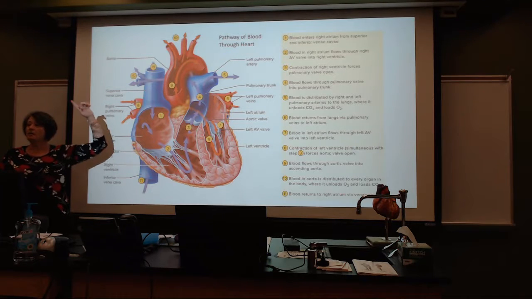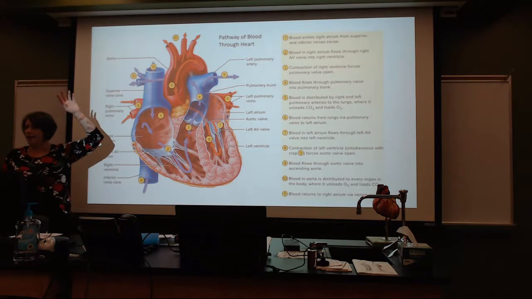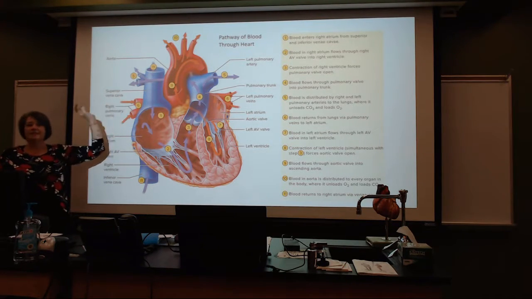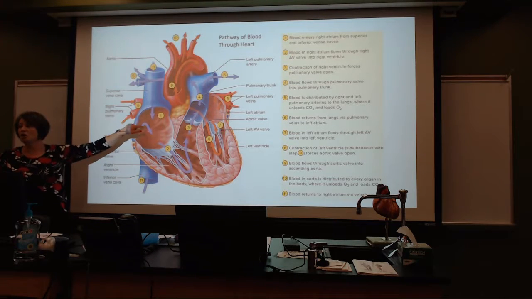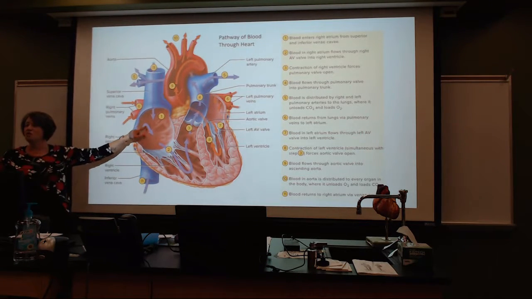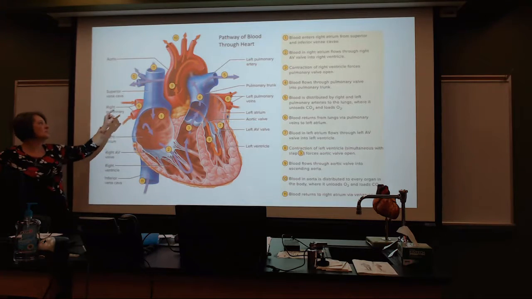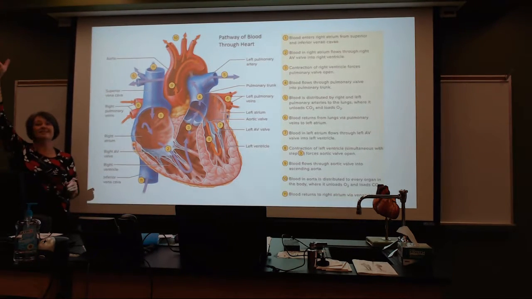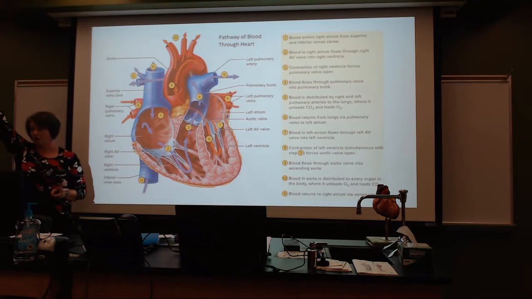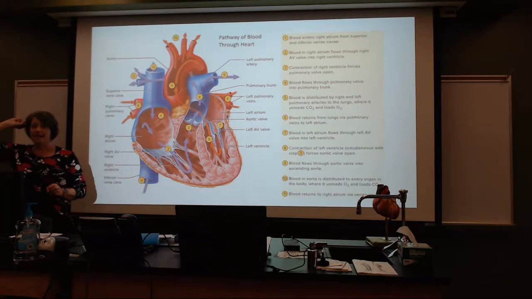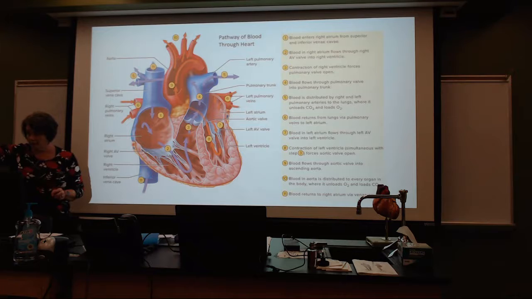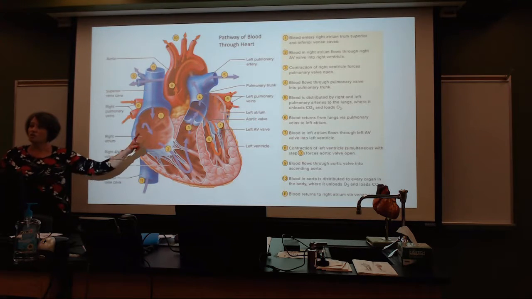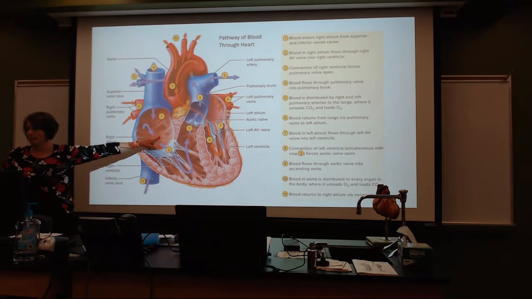Now, one of the things I should probably point out: the blood that returns to the heart returns from our systemic circuit and our coronary circuit to the right side.